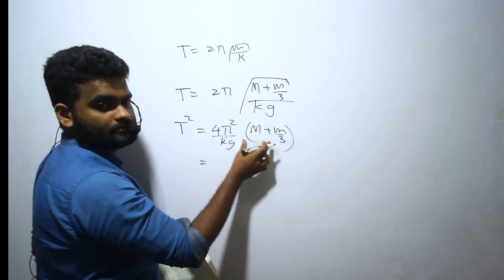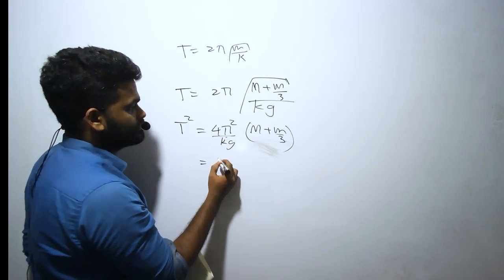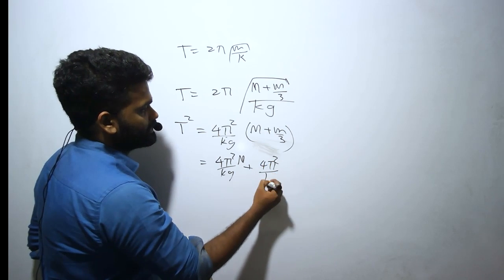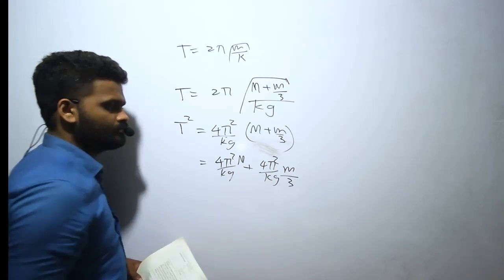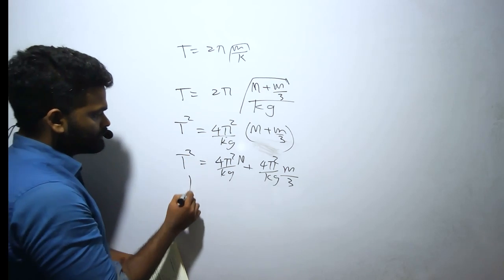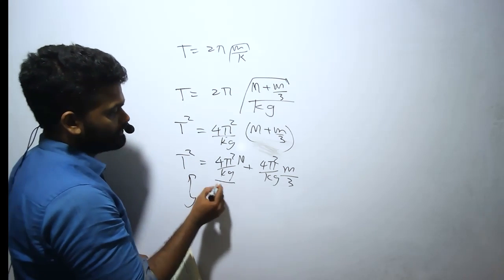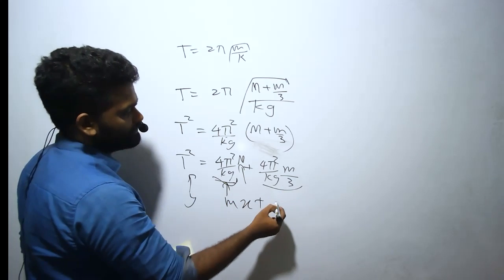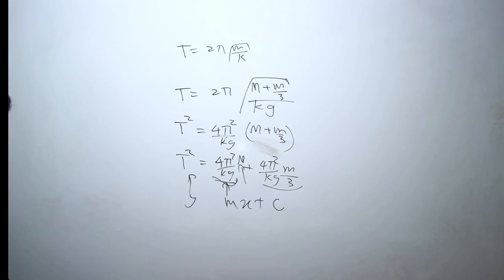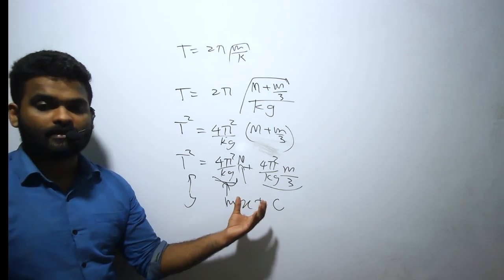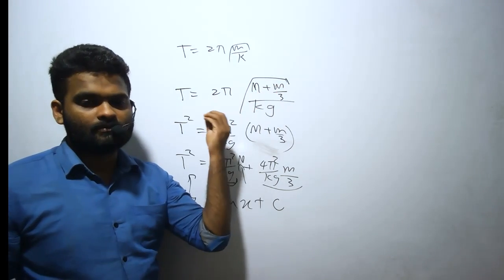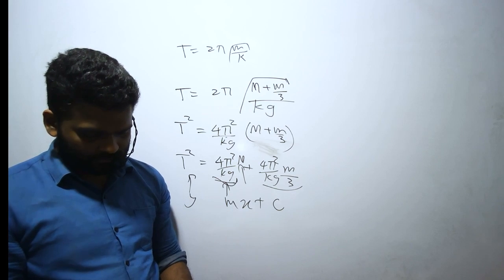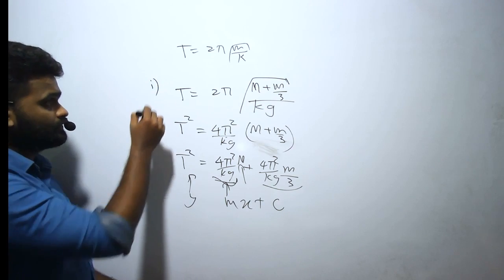Then bring out the brackets: 4 pi squared capital M divided by kg plus 4 pi squared small m over 3 kg. So this one you can take as y, this one as gradient, this one as x, and this whole thing is c. Now you have rearranged this. Because of this term, there's an intercept in the graph. So this is the first part of C.